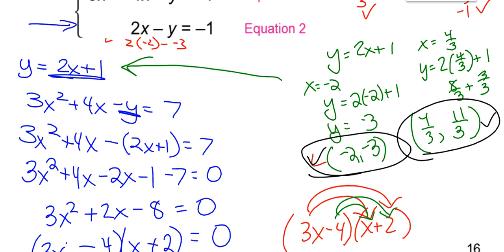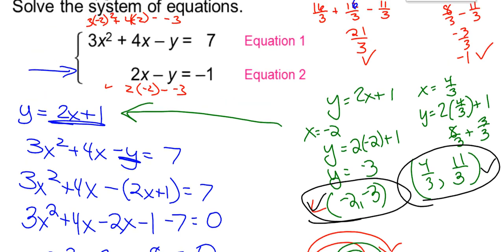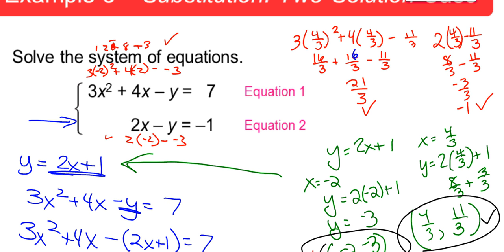By the way, this had two solutions, correct? So think about the fact that this might be something parabolic, and this is something linear. So if we have a parabola and a line, they can hit at two spots, right? Whereas when we've had linear systems of equations, they only hit at one spot.